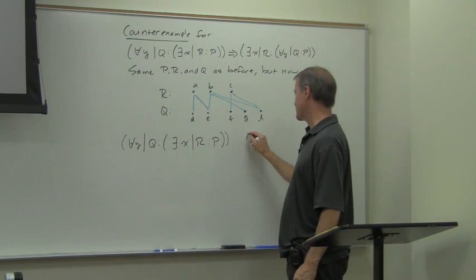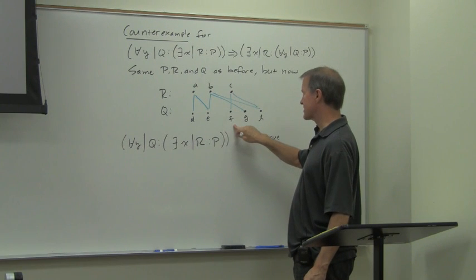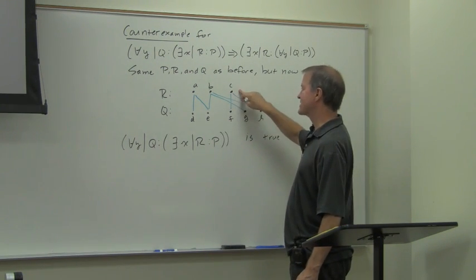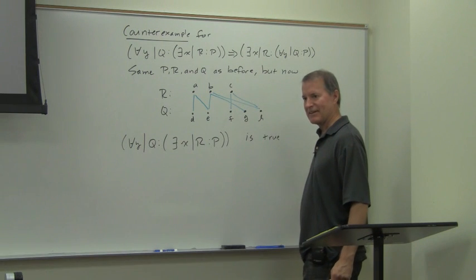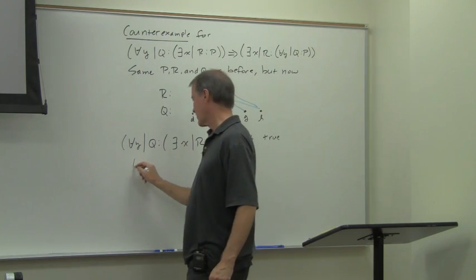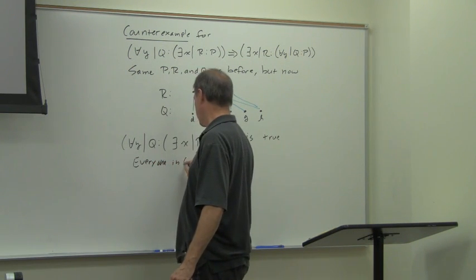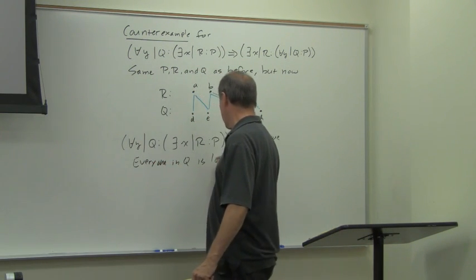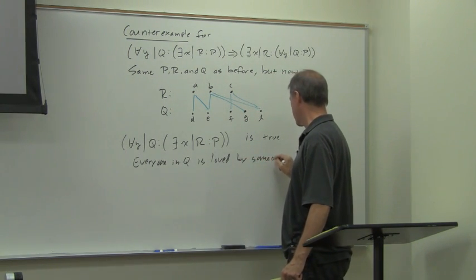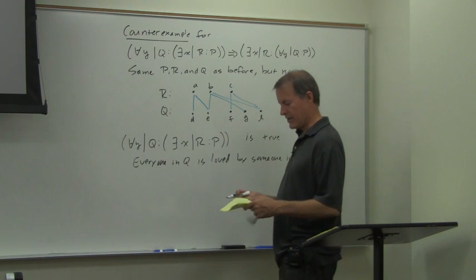Okay, so this is true. In other words, everybody in Y is loved by somebody in X. The antecedent is true. So everyone in Q is loved by someone in R.